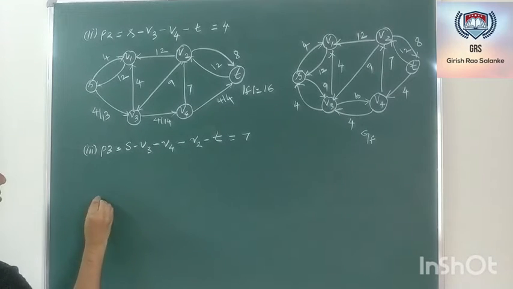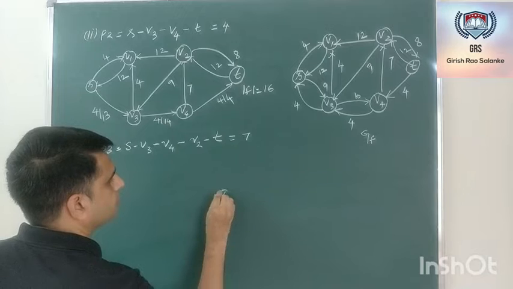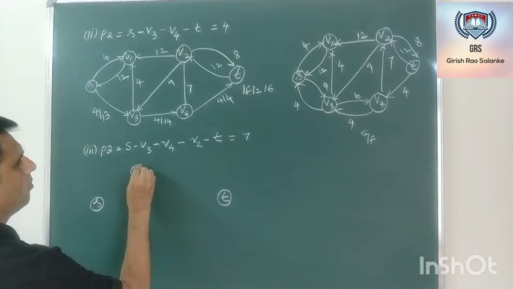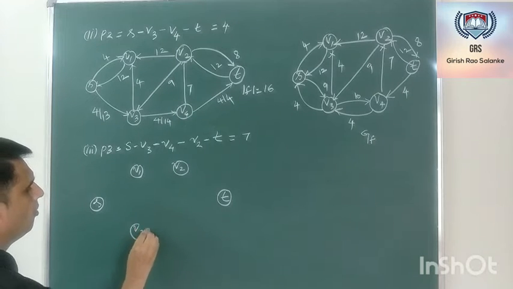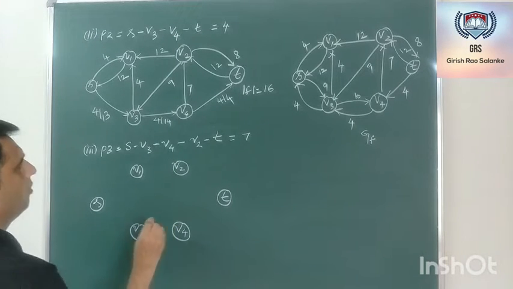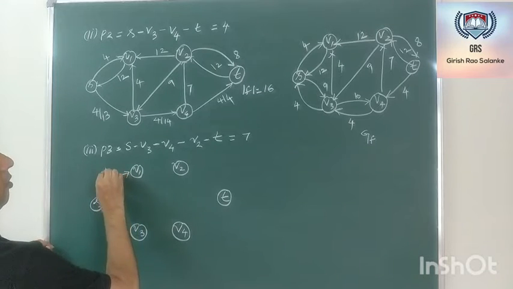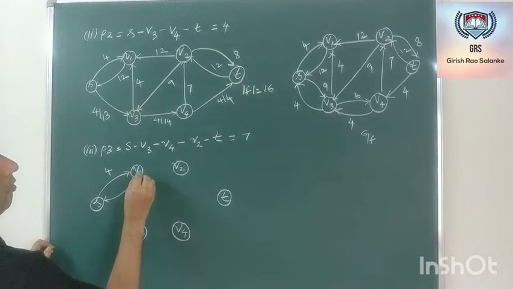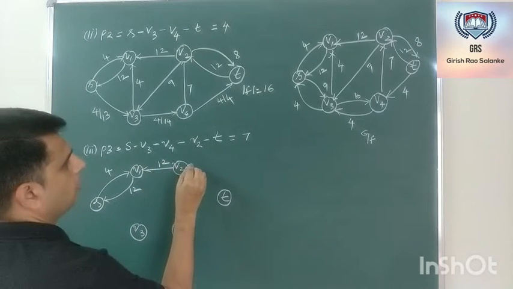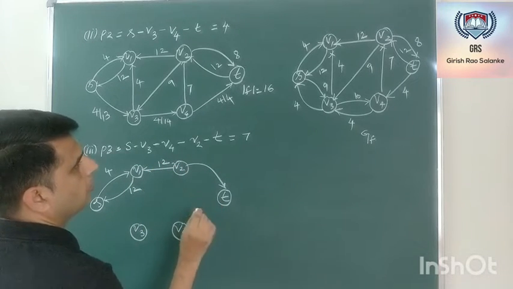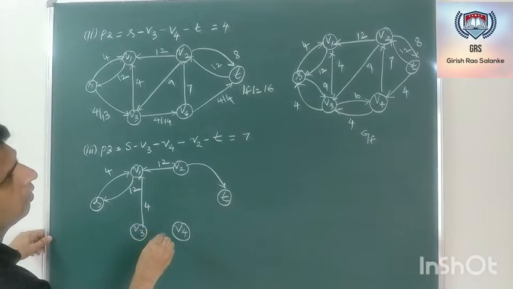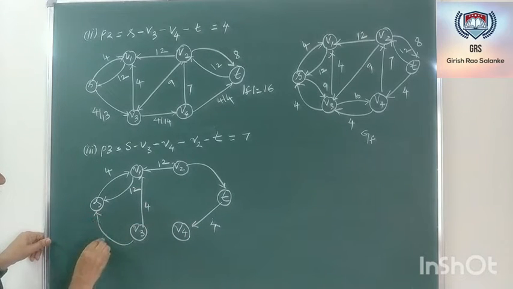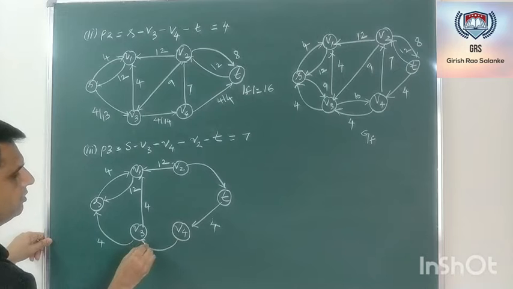T, V1, V2, V3, V4. And this edge needs to be considered. We'll update later. 4. Backward edge, no change.